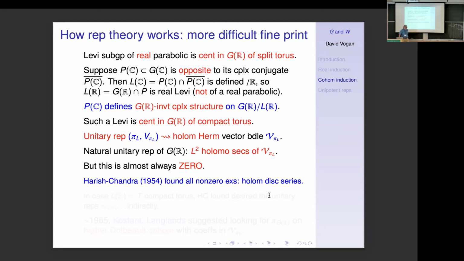By the way, this is another example of the way mathematical credit gets distributed. If you try to look in the literature to find where the Borel-Weil theorem is proved, the answer is that it's proved in this 1954 paper of Harish-Chandra, and that's the only place, in the original literature.